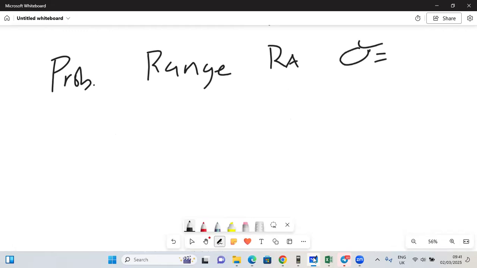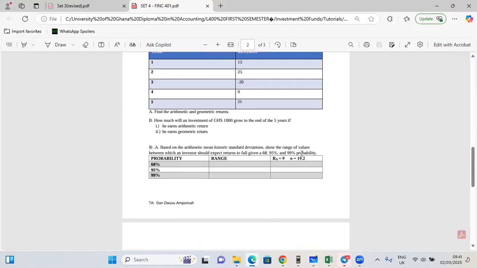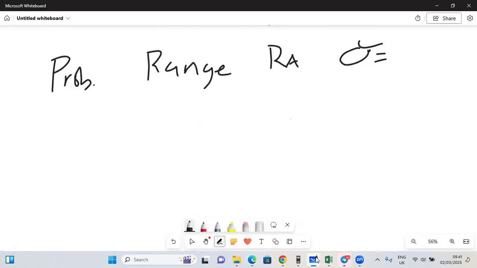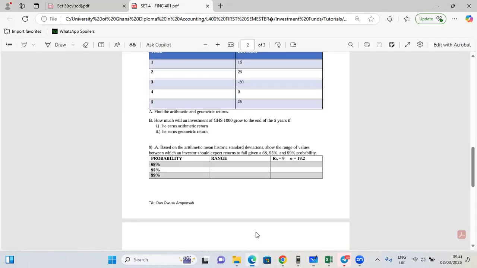The standard deviation is what? They give it to us to be 19.2. Then the mean expected return, they gave it to us to be 9.